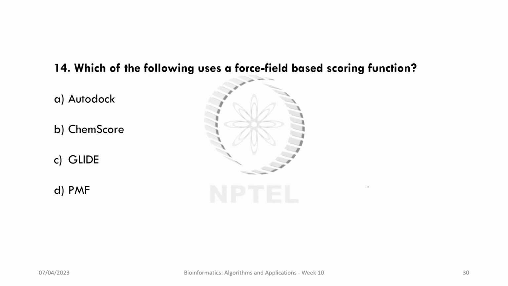Question 14. Which of the following uses a force field based scoring function? Autodock, ChemScore, Glide, or EMF? Once again, we know that ChemScore and Glide are empirical based scoring functions.